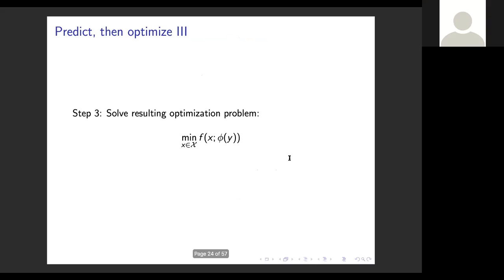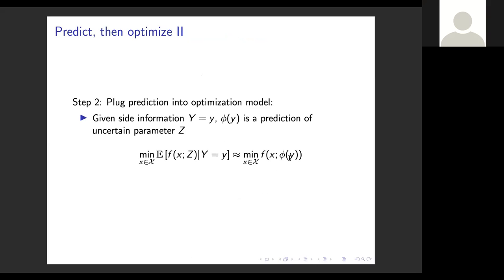I should say, in this case, our policy is going to be to solve this subproblem with this point prediction.